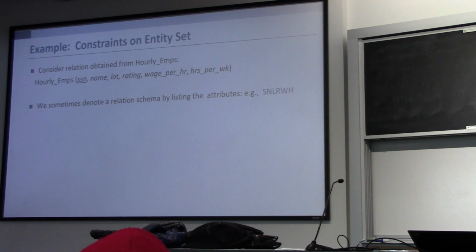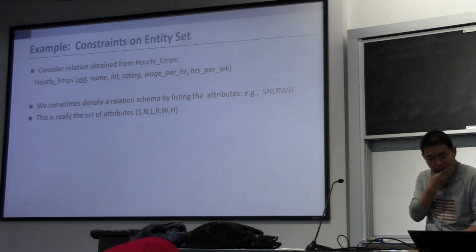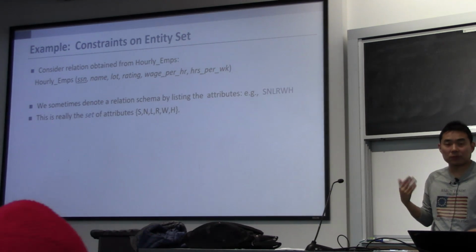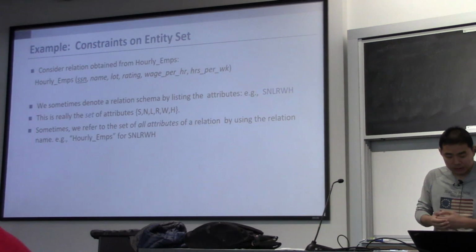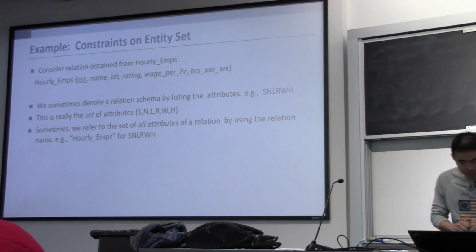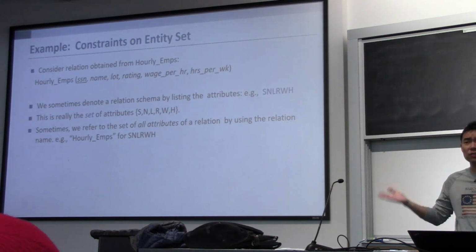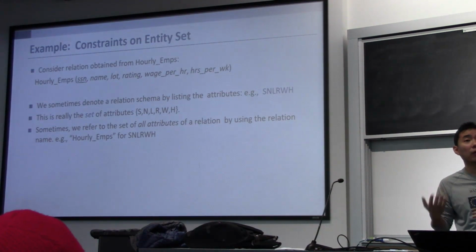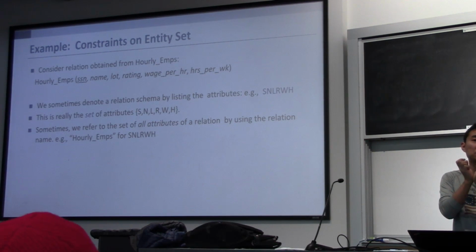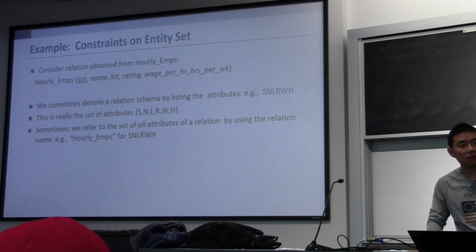That's my shortcut in referring to this particular schema. Not only do I get the schema, but I also get each attribute out of it. So it's really representing a set of attributes SNLRWH. We can also refer to the same set by simply using the name of the schema. Both of these are interchangeable concepts in the context of our discussion.